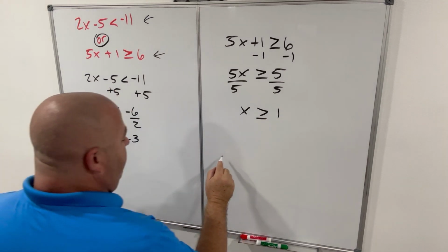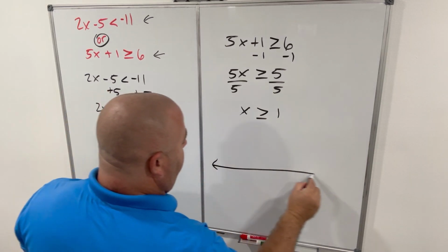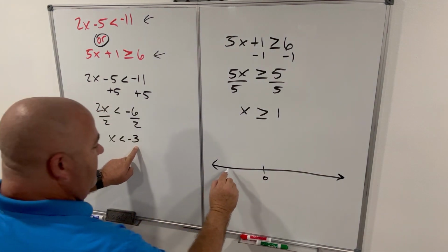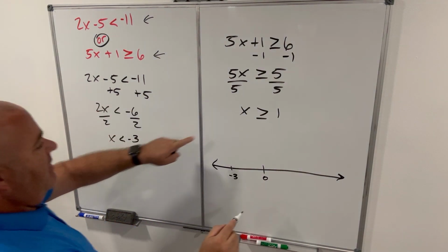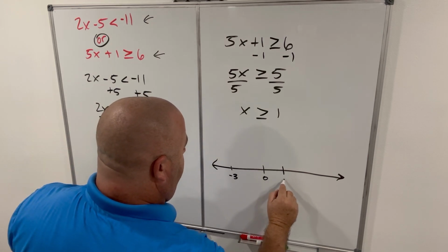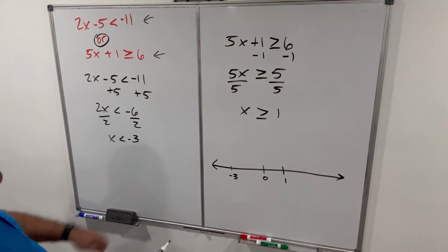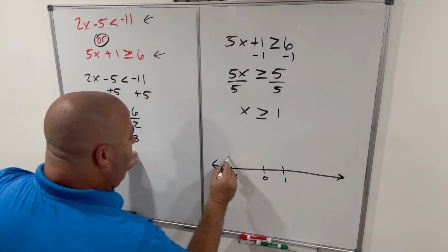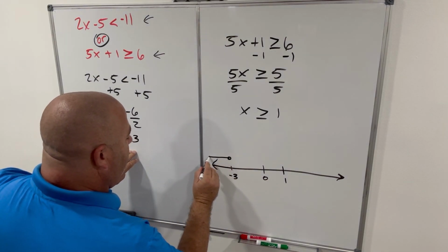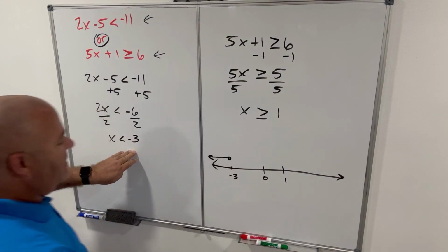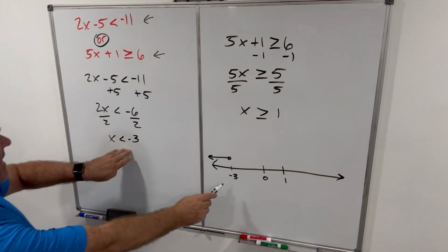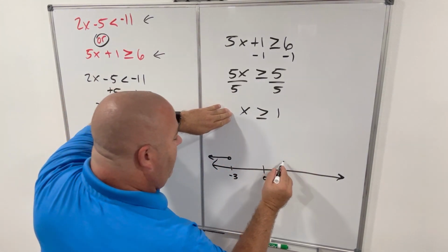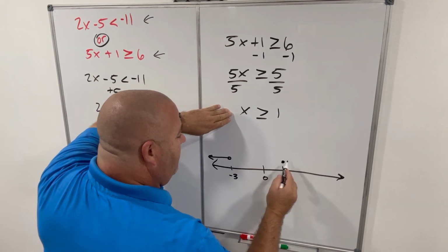Now, if we were to graph this, let's put 0 here. Let's put our negative 3 about here, and our 1 right there, and that's obviously not to scale, but if x is less than negative 3, then we're going to have an open circle here, and we want all values of x less than negative 3, or we want all values greater than or equal to, so let's do a solid dot here.